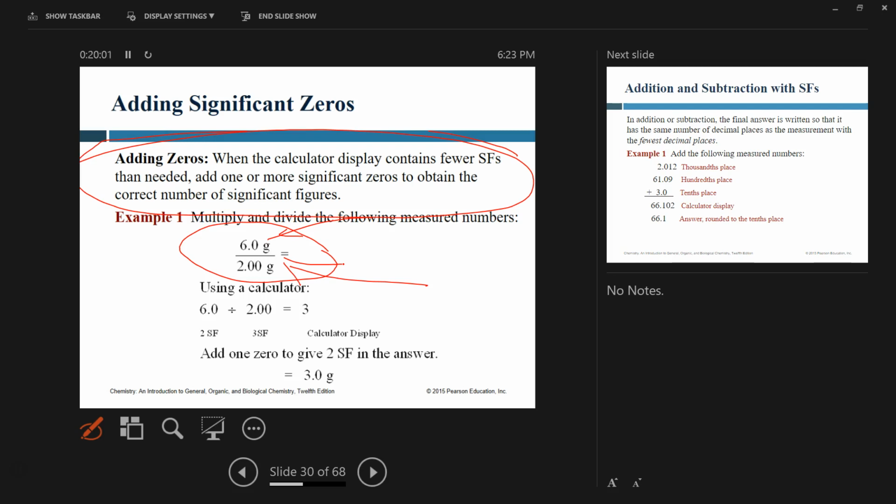When you divide it, the answer is 3. How many significant figures do you have to have? 2. So you put a decimal point and then 0. Does that make sense? Brilliant.